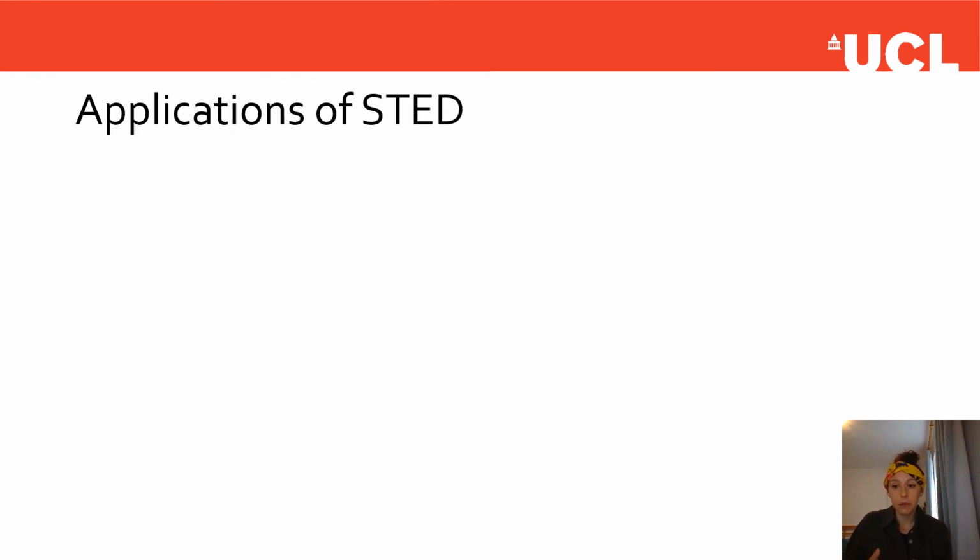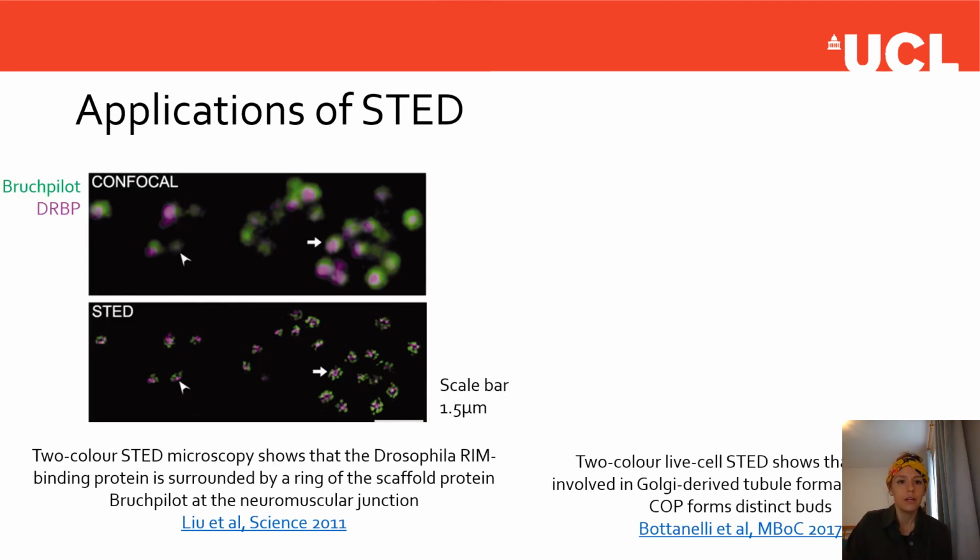So let's have a look at a couple of applications of STED microscopy. This is an example of structural discovery with STED microscopy. This is two-colour STED microscopy of two structural proteins at the neuromuscular junction in Drosophila.